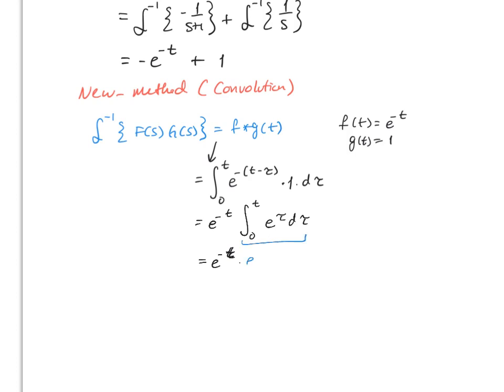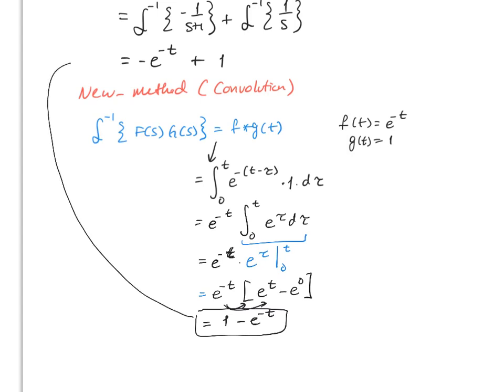Then this part will be e to the tau from 0 to t, which will give you e to the minus t times (e to the t minus e to the 0), and this will give you 1. You distribute the e to the minus t, which is exactly the same as the answer here.